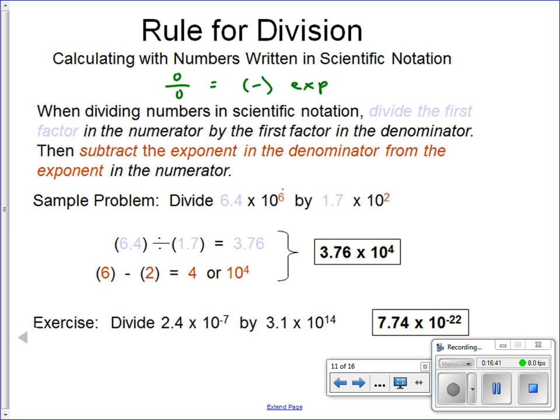All right, then we're going to subtract our exponents. 6 minus 2 is 4. So 3.76 times 10 to the 4th. Okay, next try this one. 2.4 times 10 to the negative 7th divided by 3.1 times 10 to the 14th.